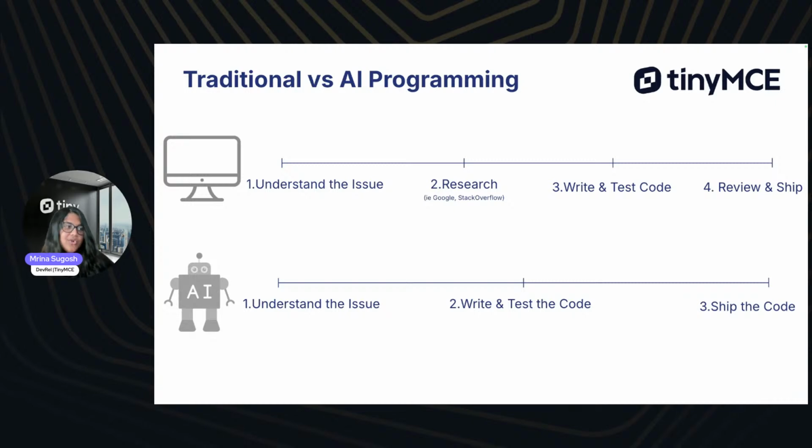I still believe every developer should focus on understanding the issue they're having, especially if you're fixing a bug. And yes, we should still be trying to write and test code, but having to research, having to find out why this problem is there, maybe asking someone, that conversation, that pair programming part, is what the agent is taking care of.